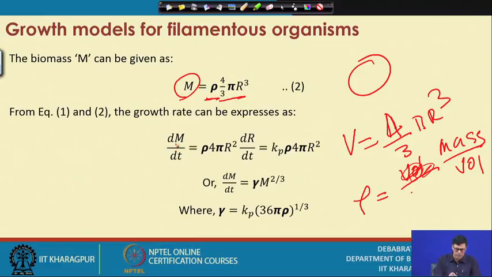Now, if you differentiate with respect to time, then we will get this equation, rho 4 pi r square dr by dt, and we can write in this form, and finally, we can write dm by dt equal to gamma into m to the power 2 by 3, where gamma is equal to kp into 36 pi rho to the power 1 by 3.